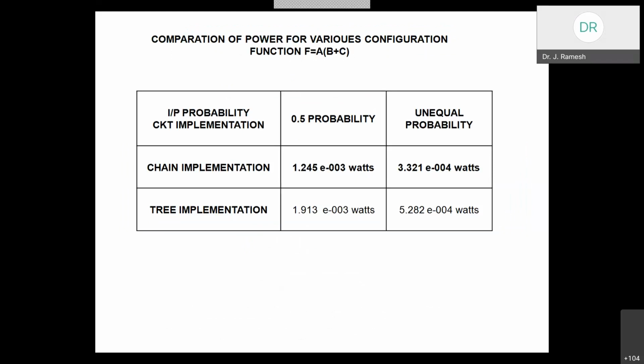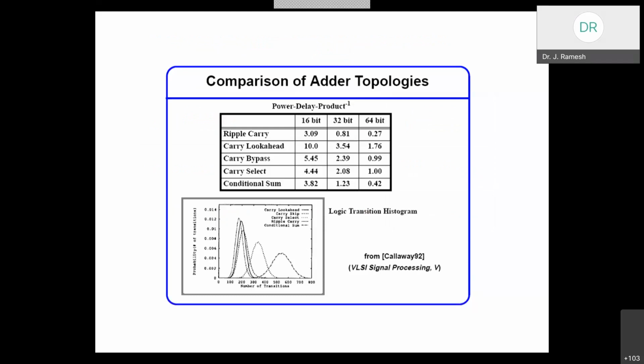And the same thing we have tried in the lab also, for the chain implementation and the tree implementation, and then we compared the power for each of the structures, and we found that the chain implementation consumes less power when compared to the tree implementation.